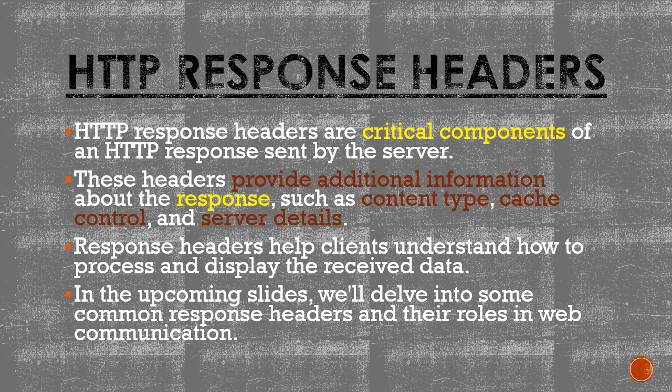Then it can also give directives about cache control, which can guide how the response should be cached by the client or intermediary caches. Now it can also give us additional information about the server or what version of the server it is using.